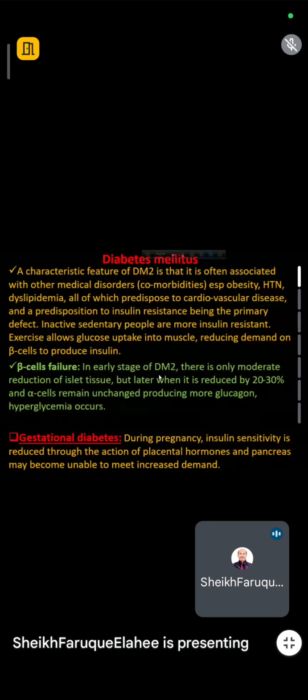So when you find type 2 diabetes mellitus, you will have to check for other diseases: whether he has blood pressure, any heart problem, any brain problem, what his cholesterol level is, what his kidney condition is, because type 2 diabetes mellitus always combines with other diseases. For type 1, you don't find that. It's only type 1 diabetes.